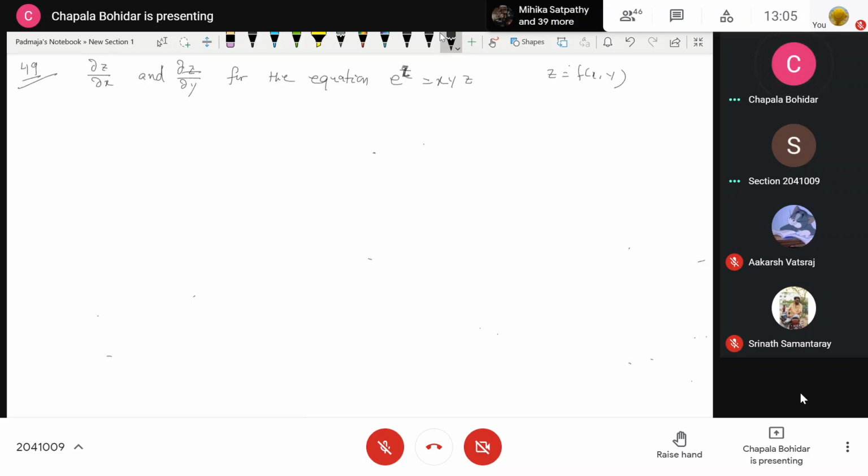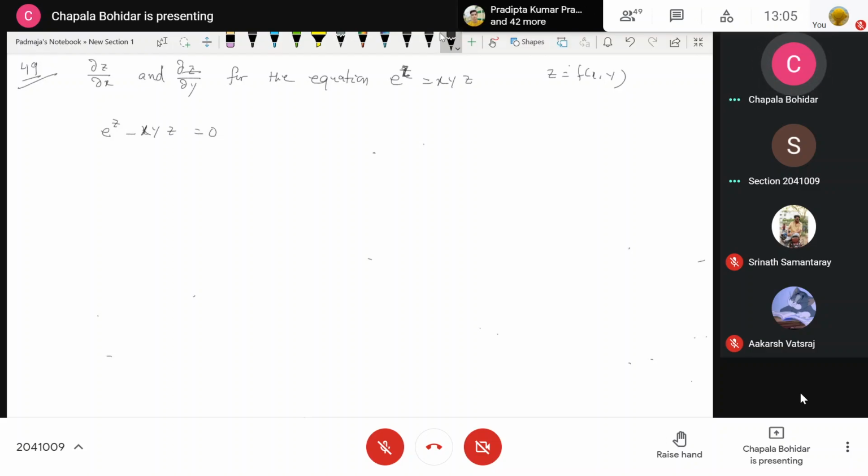So here, find del z by del x. I can write this in the implicit form: e to the power z minus xyz equal to 0. Already done in an example.